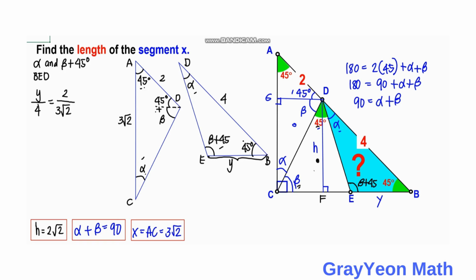So to get y, we just need to cross multiply. So y is equal to 4 times 2 over 3 square root of 2.